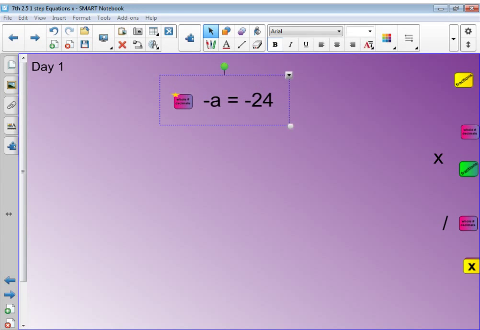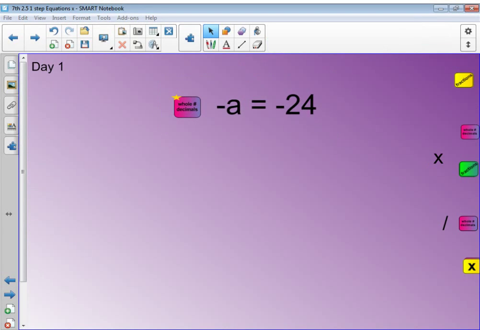Sometimes you have some equations that look kind of different. Like here I have negative a equals negative 21. What you need to realize is anytime you have a letter with no number in front of it, it really means that there's a 1 in front of that. If I want to get a by itself, I can't leave a negative sign with the a, so I have to get that negative 1 away from a.